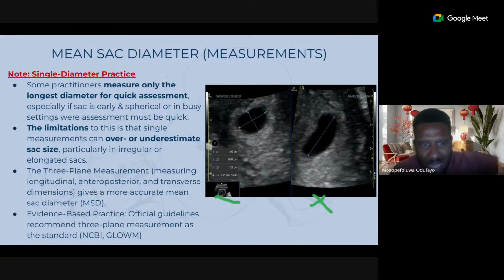It will give you an advanced gestational age. In fact, it might even give you an advanced gestational age that you should be expecting to already see a yolk sac in. Then if you now measure it here, it's shorter. So that's why evidence-based practice tells us that orthogonal measurements, taking all three measurements and taking the average, is the best.